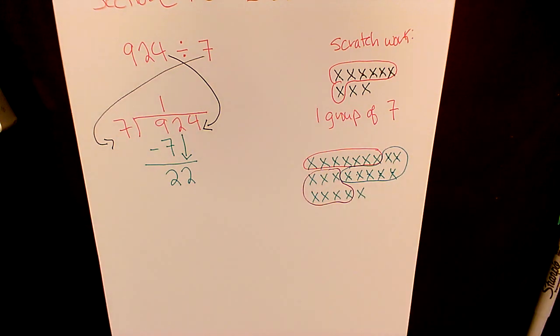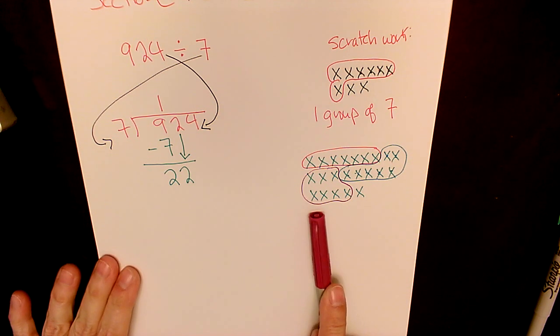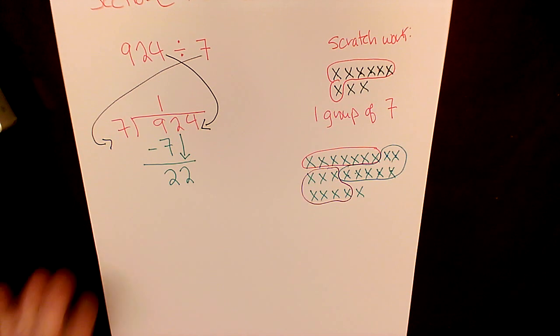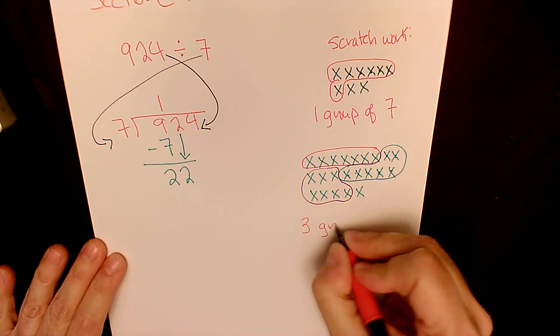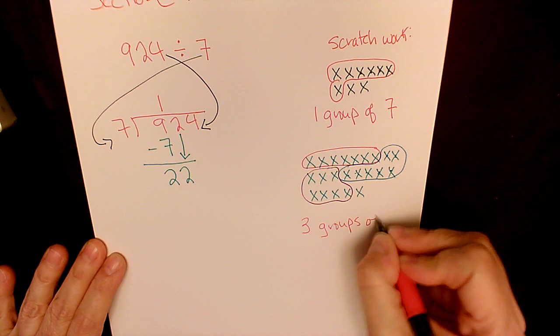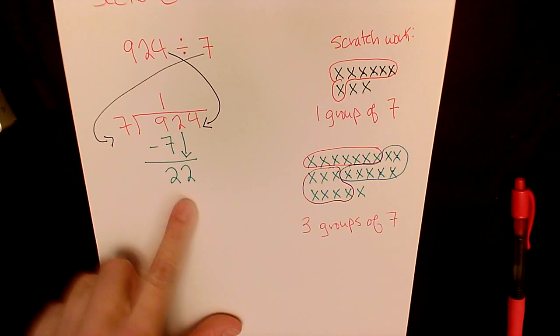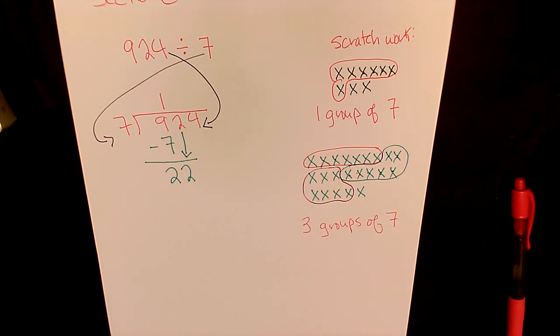So I've got a red group, a blue group, and a dark red group. So I've got 3 groups of 7. So 7 goes into 22 three times, because there are three 7s in that 22.